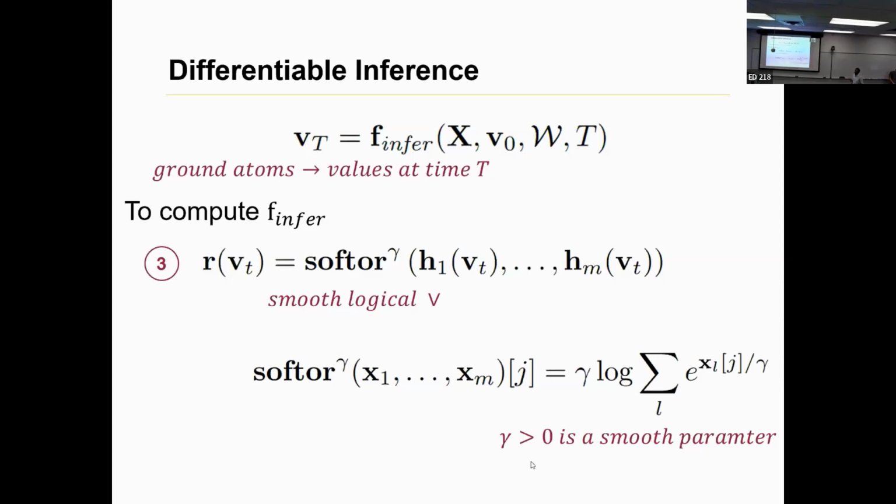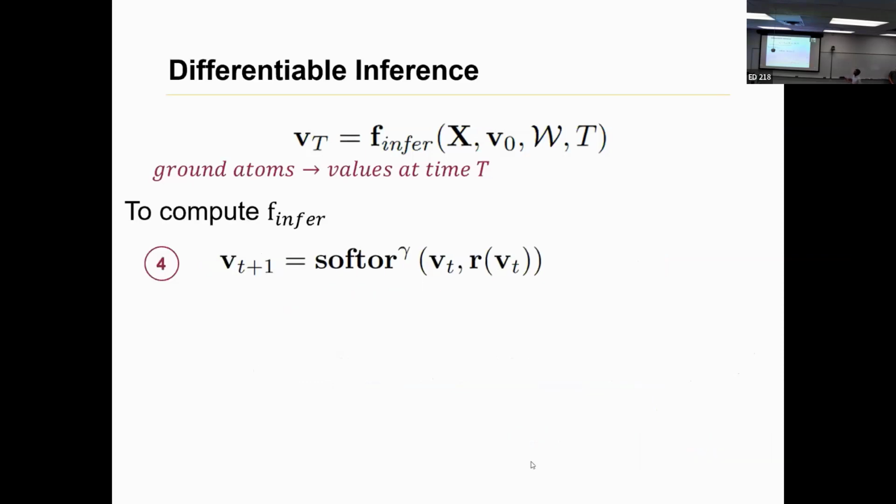Because it's smooth, you can do the differentiation and updating, the backpropagation and those kinds of things. Then we want this F infer to give VT. VT is inferred in an iterative manner: from each time step we move to the next time step and get the next valuation function. Finally, when small t equals capital T, we say, okay, we are done.